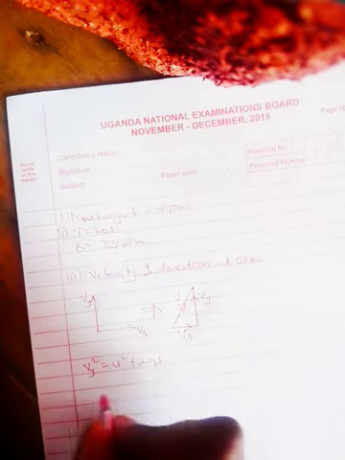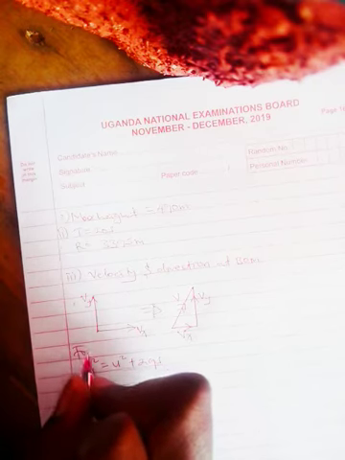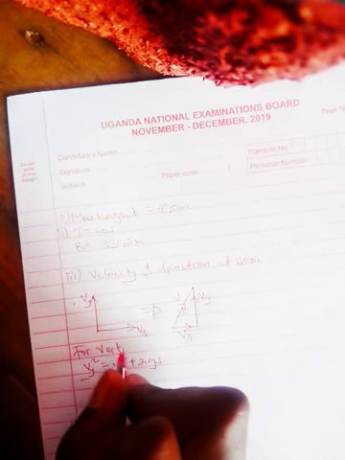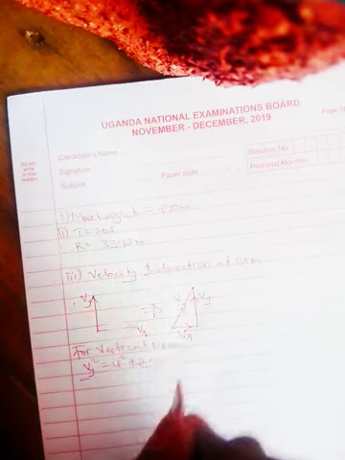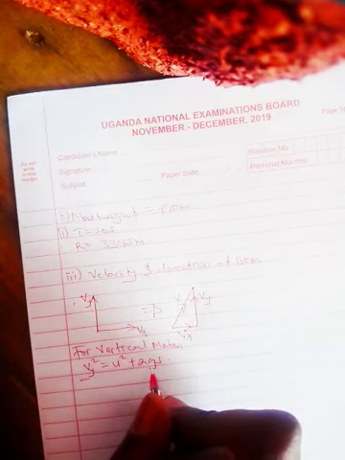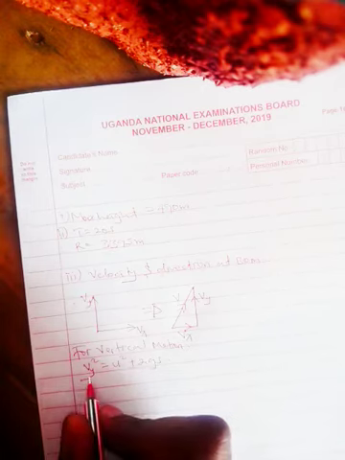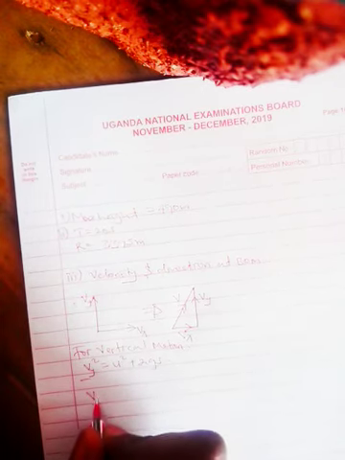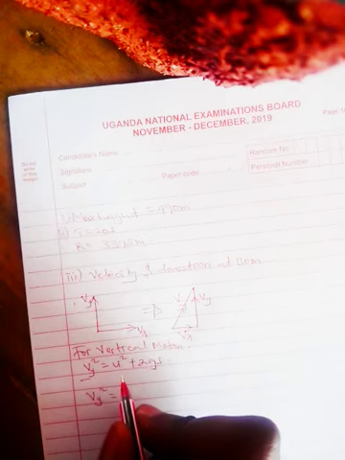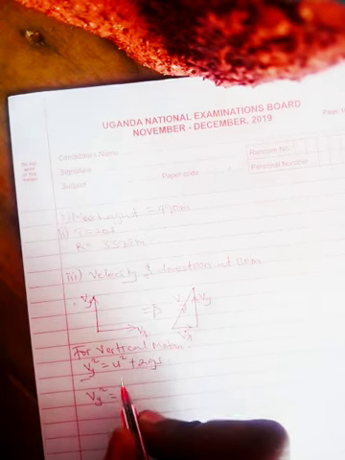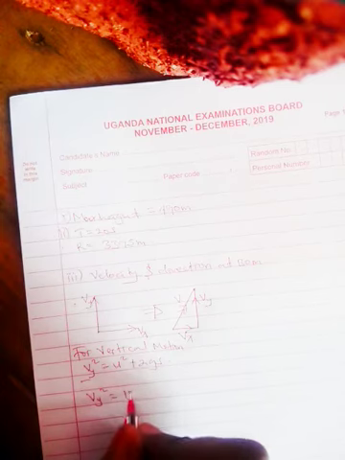So, for vertical motion, we know that our acceleration will be negative, which means I'm looking for Vy will equal to, we are dealing with vertical motion, which means our U is 196.